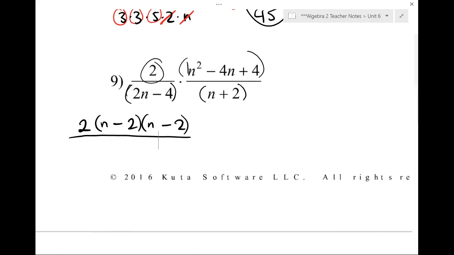Now on the bottom of the denominator here, let's see if I can take out a GCF. And here I can take out a 2. So I'll take out a 2, and I'm left with n minus 2. And you can already see that we're going to be able to cancel something here. And then over here, we can't really factor anything with this n plus 2, so just rewrite that as multiplied times n plus 2.